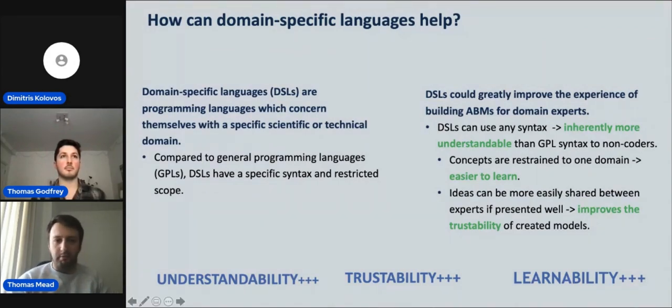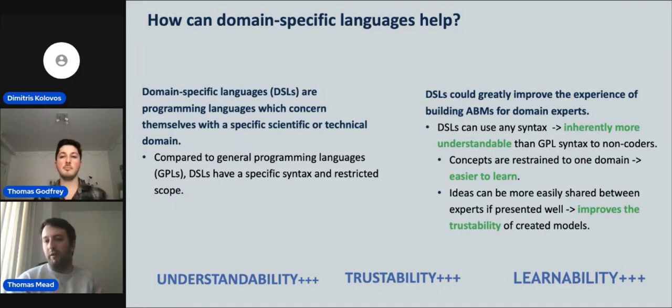So this you're probably all familiar with, but the main reason why we're interested in using domain-specific languages is that they have a very restricted scope and a specific syntax compared to general programming languages like Python or C++. And we think that this could greatly improve the experience of building agent-based models for domain experts, because domain-specific languages can use any syntax that you define.